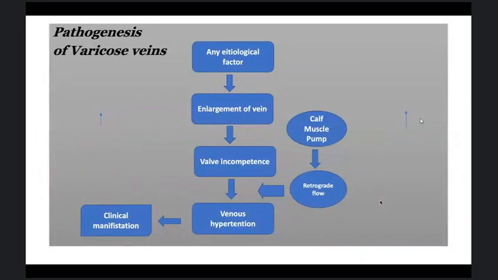Now, the pathogenesis of varicose veins. First, when you look at this diagram, any etiological factor, whether congenital weakness in the muscle of the veins, valvular absence or incompetence, whether DVT or tumor, any etiological factor will lead to enlargement of the vein.